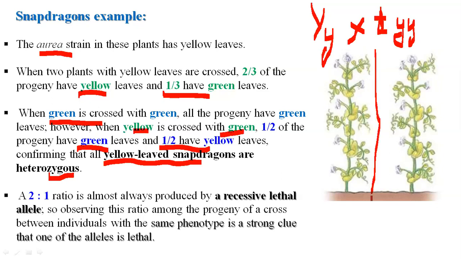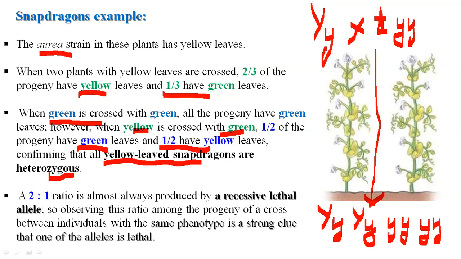The result will be capital Y with small y, another capital Y with small y, and then small y with small y, and small y with small y. If this is the condition, half of them are heterozygous yellow color and half of them are green.